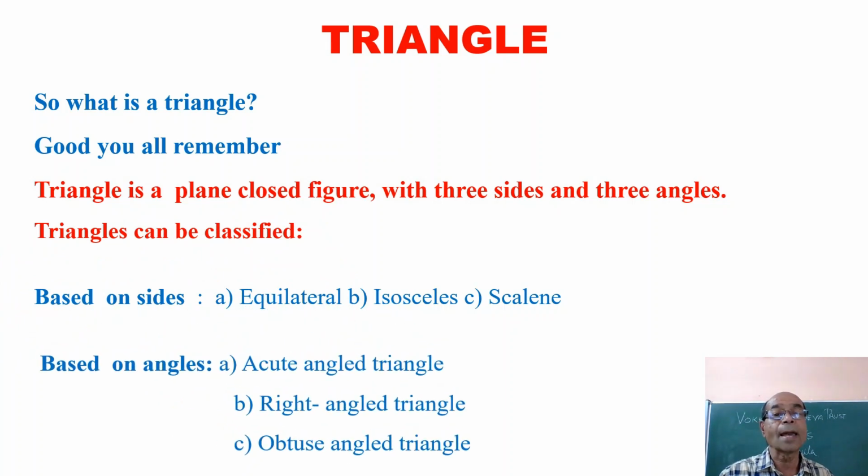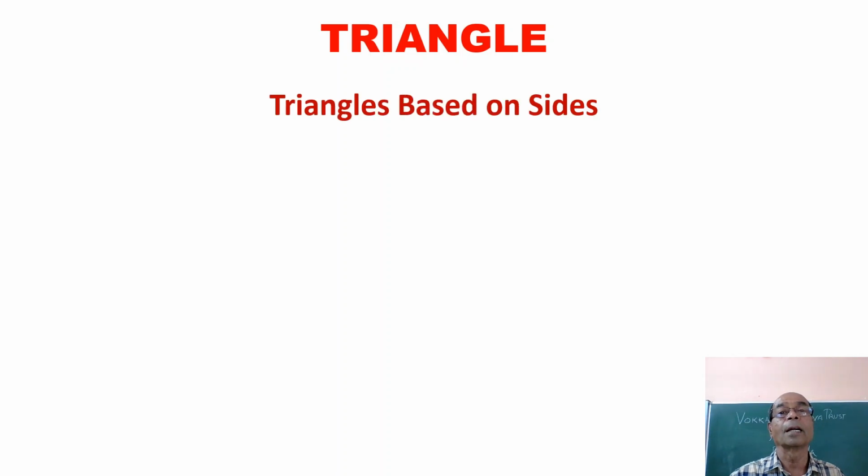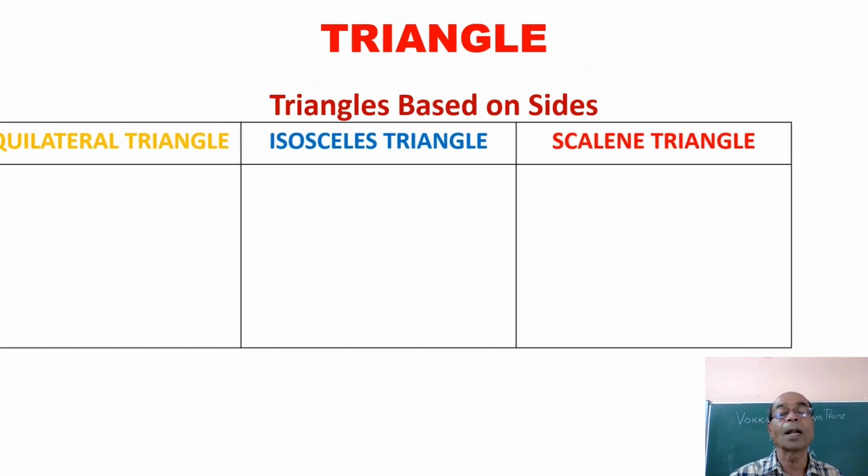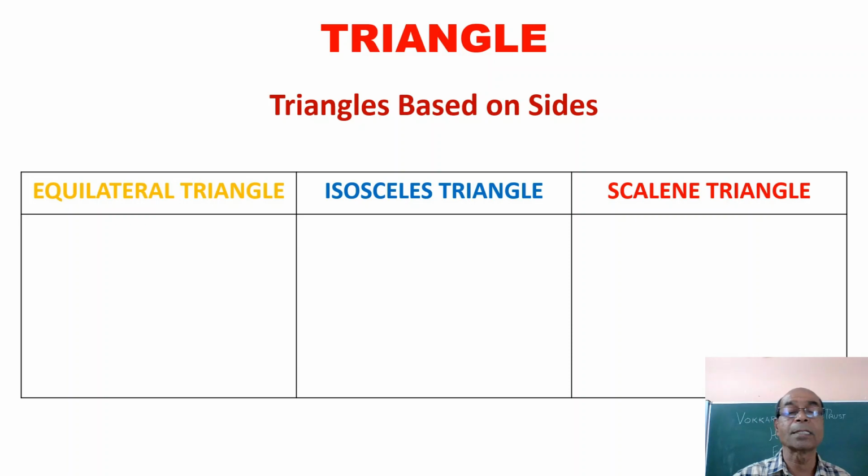And based on angles, it is acute angle triangle, right angle triangle, and obtuse angle triangle. Let's tabulate these, so that the picture will get registered in our memory for a longer time than any other things. You always correlate with some pictures, so to remember something that will remain for long.